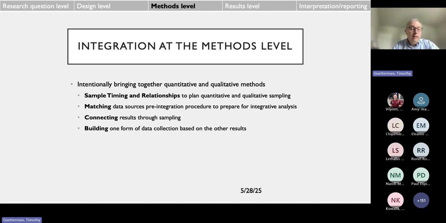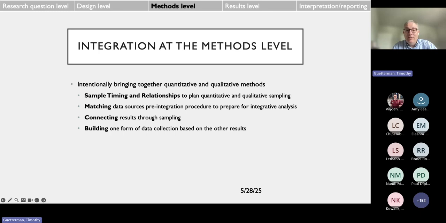So within a mixed methods study, there are different options for integrating at the methods level. Again, depending on your research question, you're not necessarily using all of these approaches to integration, but these are some of the options. So for one, integration in terms of your sample timing and relationships, and I'll talk about that in a minute.